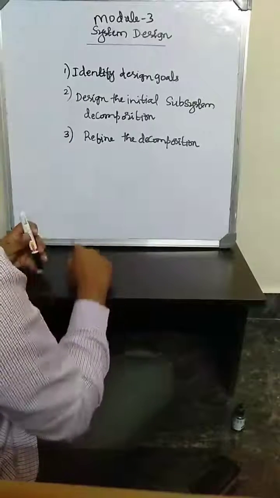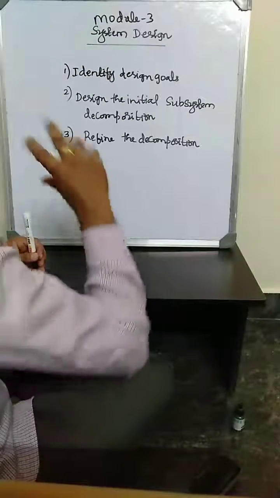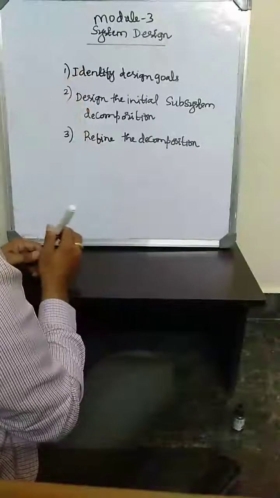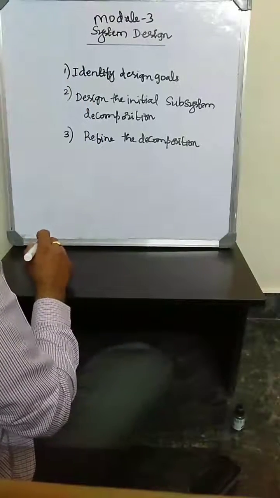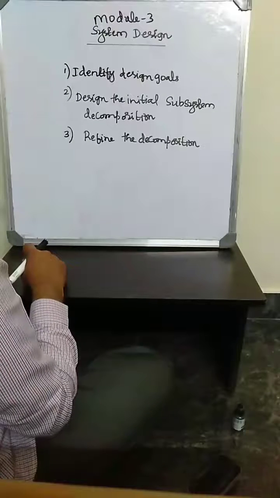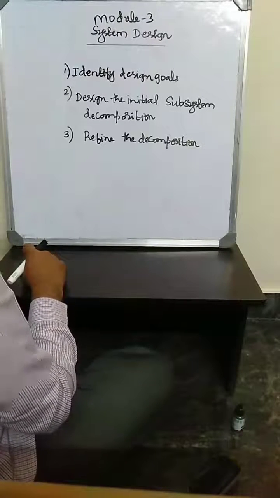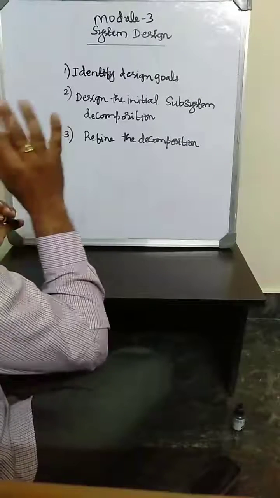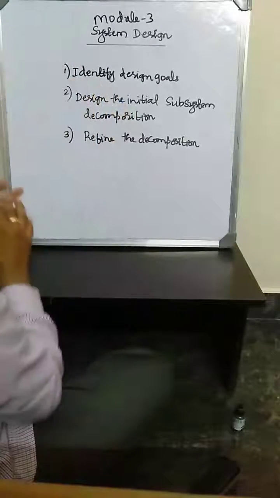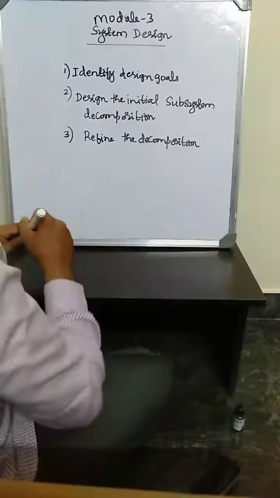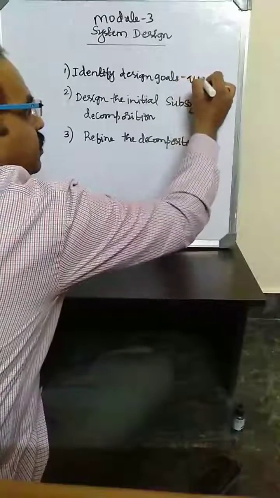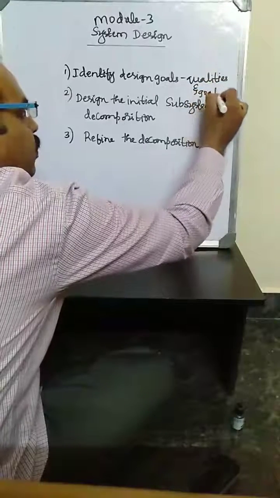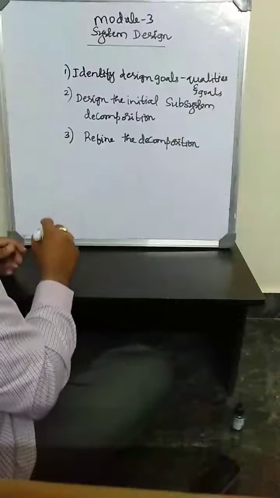Plenty of architectural styles are there, right? That is to build a design or a model. At that point of time, the first main important characteristic is to identify the design goals. There we have to describe the qualities and goals of the system. Qualities and goals that we have to list out. So we need to discuss the qualities and goals of the system. It is very important.